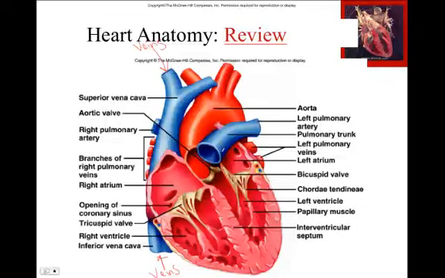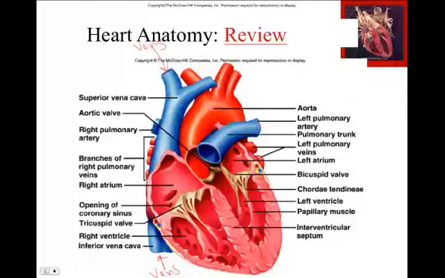So then that blood will make its way out through the pulmonary trunk into the left and the right pulmonary, and this is going to be the tricky part, arteries. This is the case where pulmonary arteries are carrying deoxygenated blood. The blood hasn't made it yet to the lungs, so it's deoxygenated. So the left and right pulmonary arteries are going to branch off of this pulmonary trunk, and they're going to carry that deoxygenated blood to the right and the left lung.